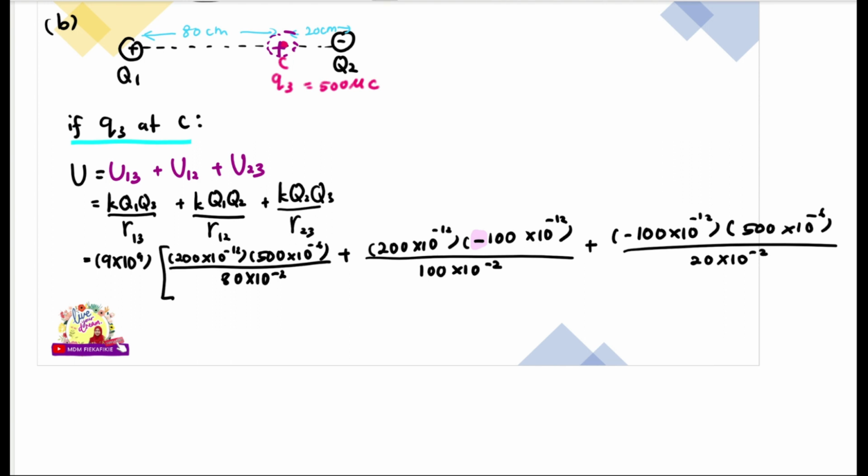Don't forget the negative. Now press the calculator slowly and steadily. You will get negative 1.13 times 10 power of negative 3 joule. Don't make a mistake with the unit for energy. So this is the answer for U at C.